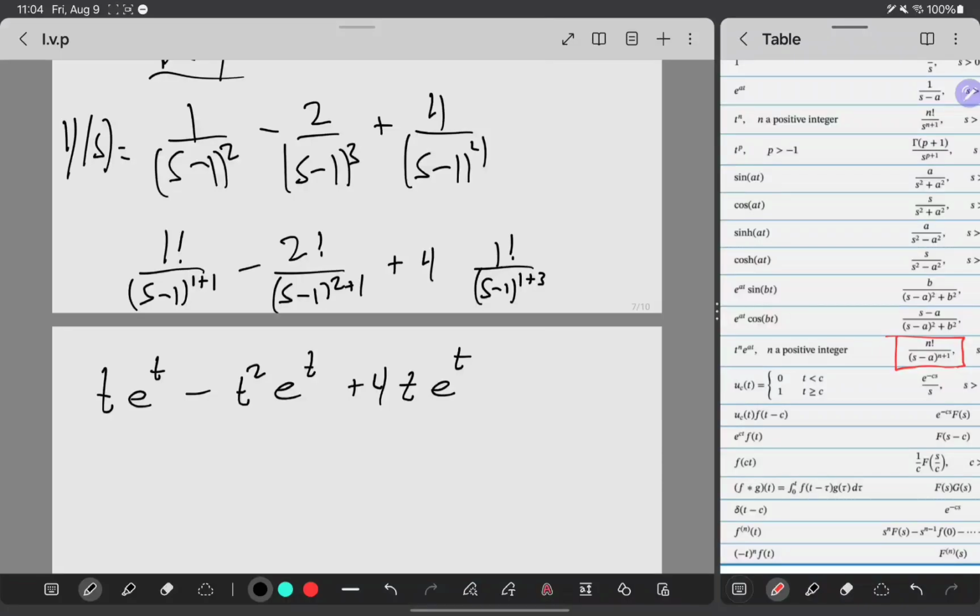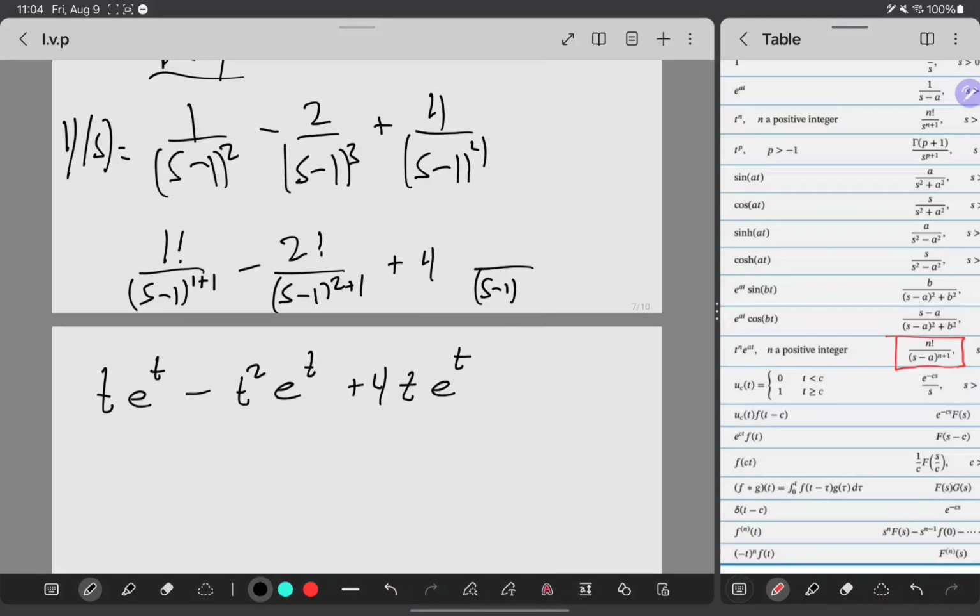No, my last term's not right. Let me see. Why can't I just do what I just did? Oh, it has to match the n, not the a. n can't be 1. Oh, I didn't see that.